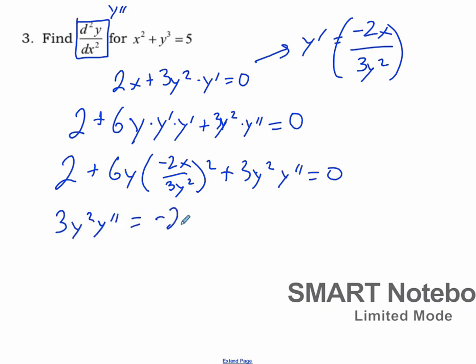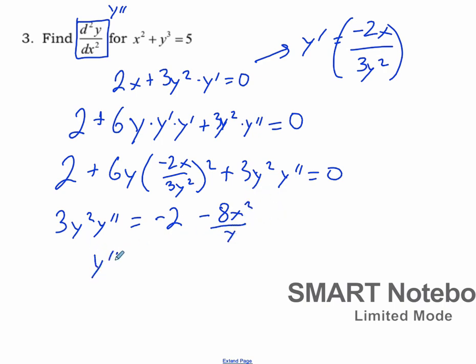We're going to have a negative 2. This is going to be positive, but we're going to bring it to the other side, so it's going to be negative. 6 times this is going to give me 2 times 4 is going to be 8. The y's are going to cancel. You're going to have 8x squared over y.